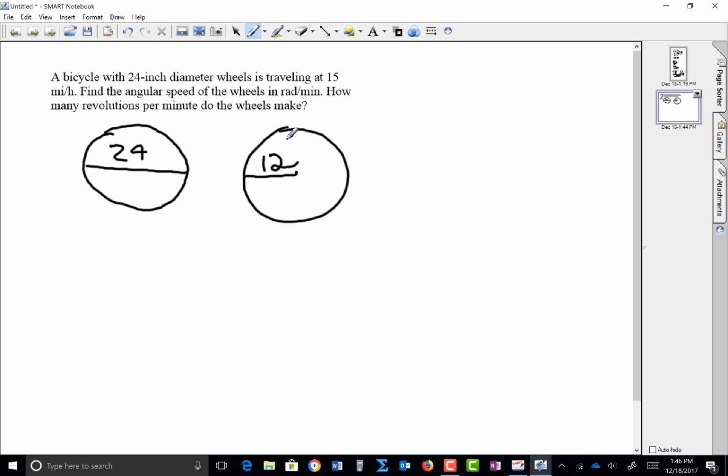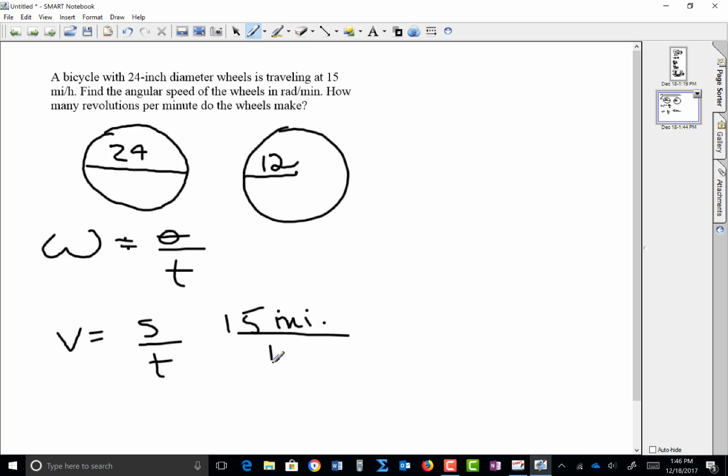We have a few formulas that we can use. We know angular velocity is radians over time. And one of the formulas we have for linear velocity is s over t. They've given us linear velocity: 15 miles per hour. So they've told us s, which is 15 miles, and the time, which is an hour.